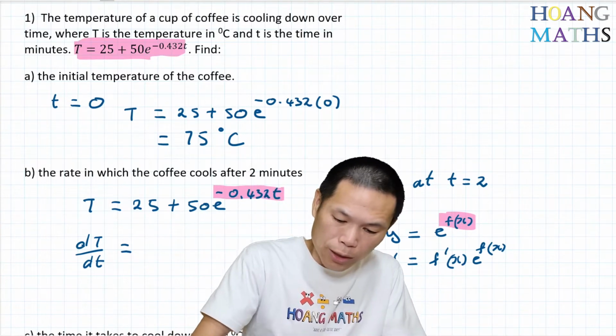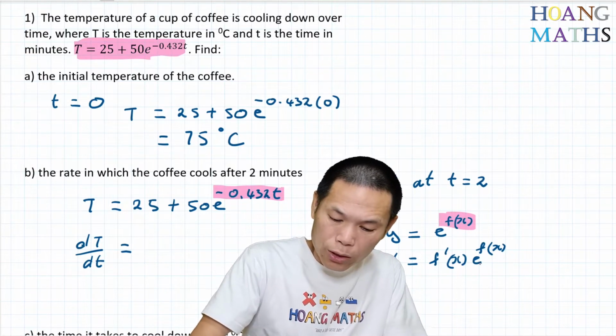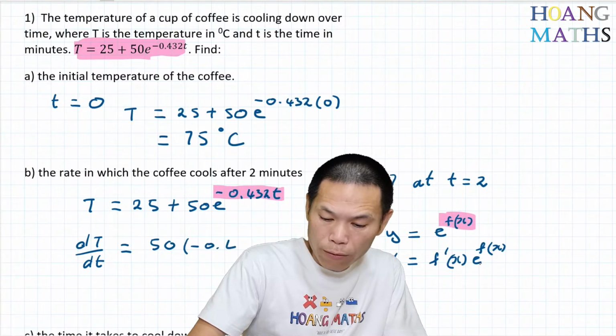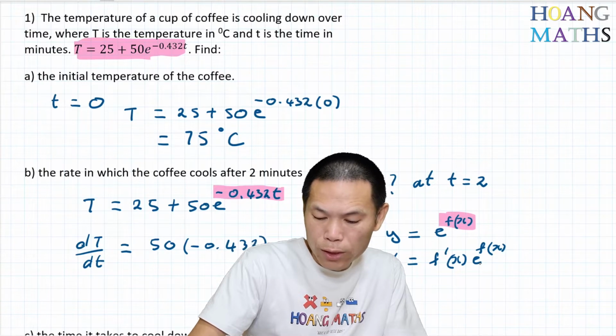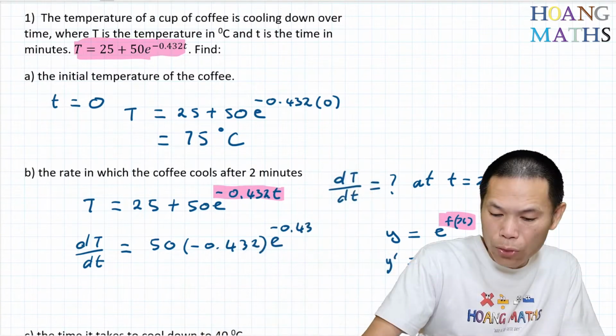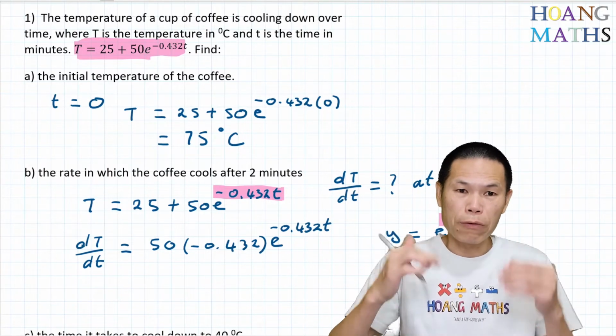Okay, so let me just write this down. Differentiating 25 gives 0. So that will give me 50 times negative 0.432 times e to the negative 0.432t. So there you go. Now let me just simplify this first.